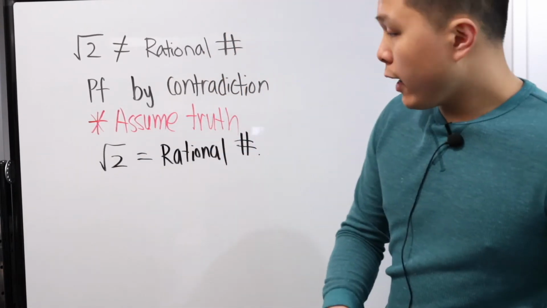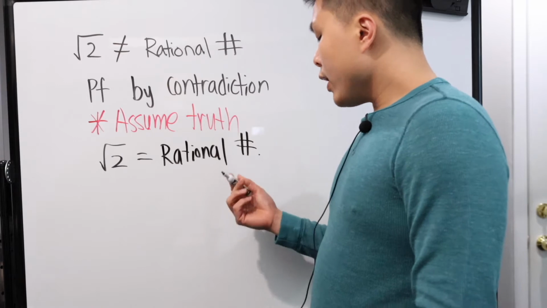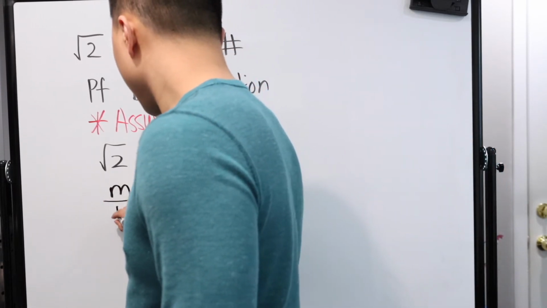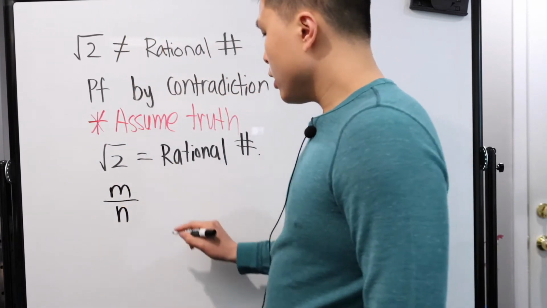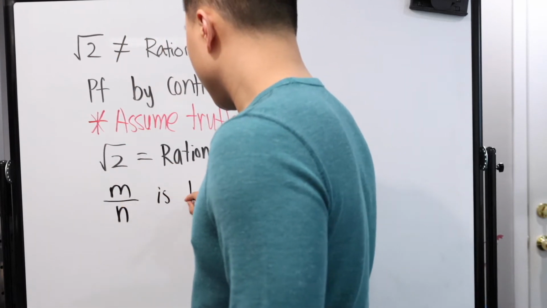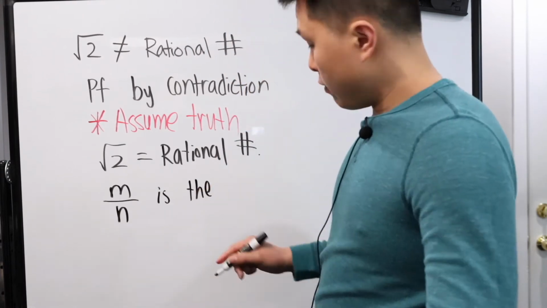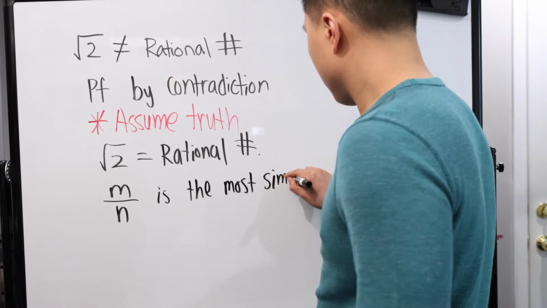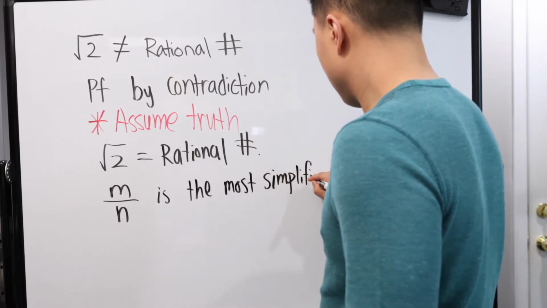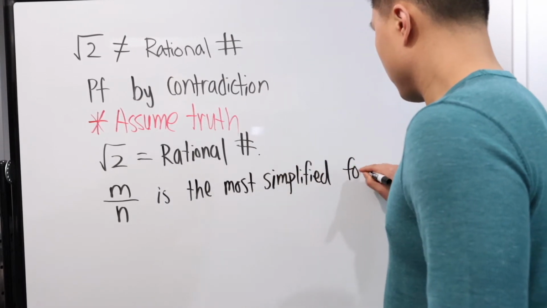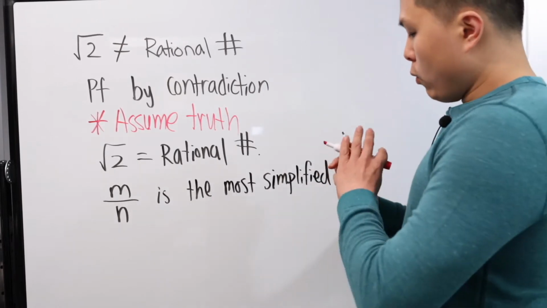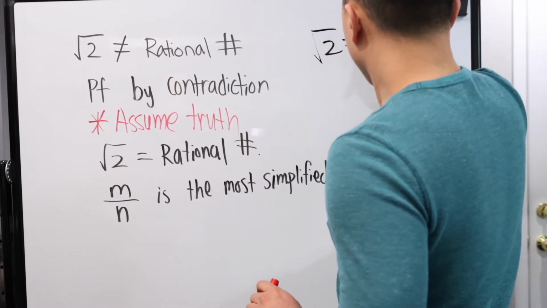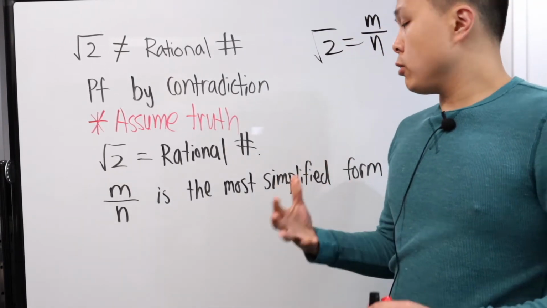Okay, now, what does that mean? Well, that means that we can write some number m over n, right, in its most simplified form. Okay, we're saying basically square root 2 is equal to m over n, where m over n is its most simplified form.